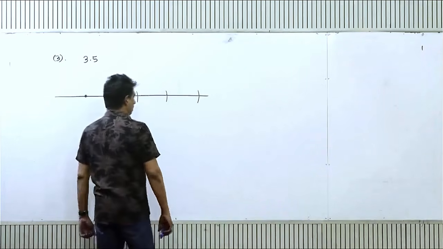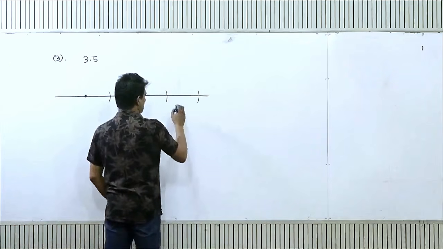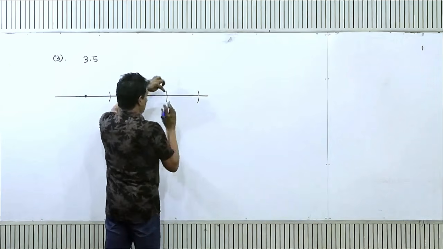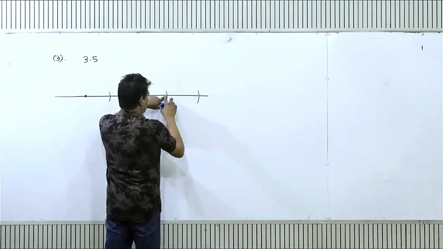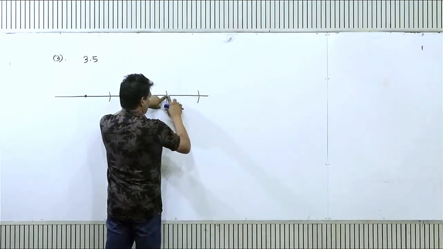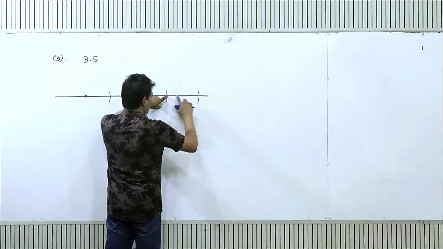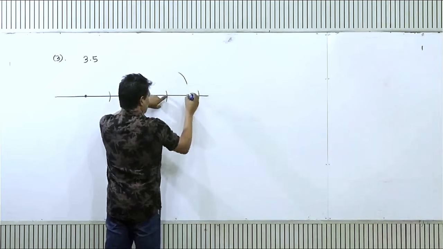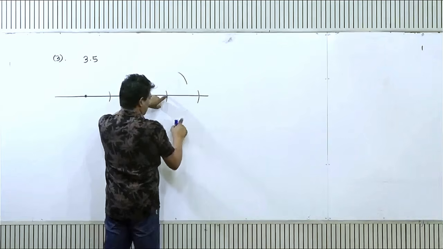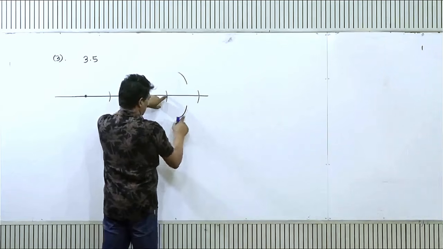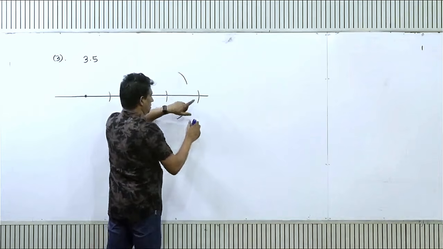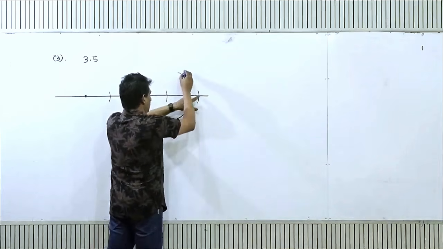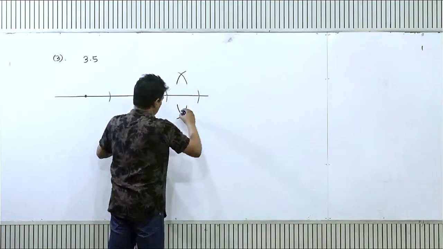Now how can we create a perpendicular bisector for this straight line? We have to put the end of the compass here and take a distance. It should be more than half of this distance. Then you have to mark two arcs over and below. Without changing this distance, you put the end here and draw two arcs.